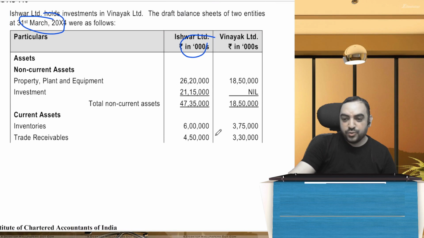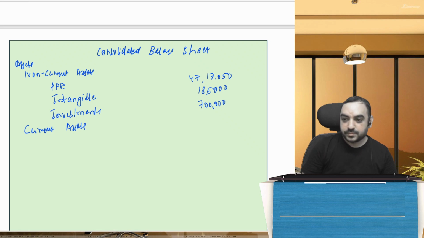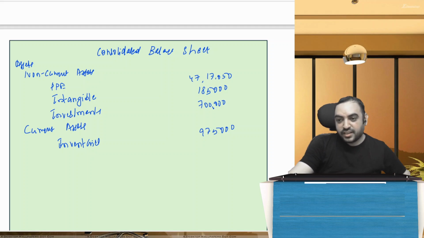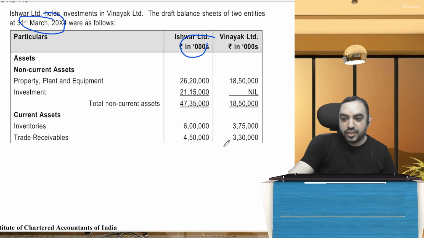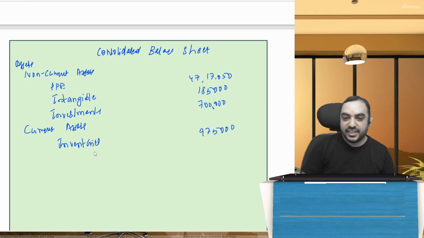So we can simply do inventory 6 lakh plus 3 lakh 75. Inventories 9 lakh 75. Trade receivables 4 lakh 50, 3 lakh 30, that is 7 lakh 80.